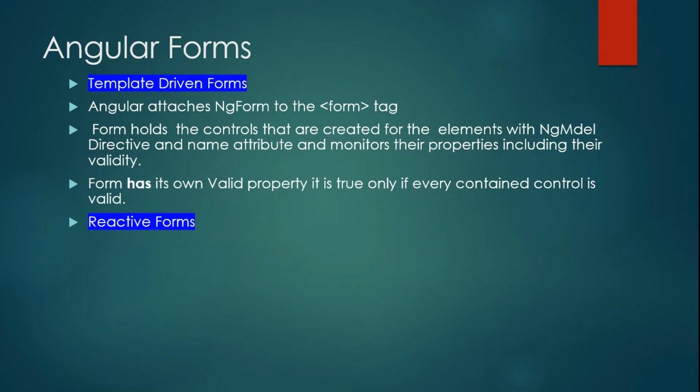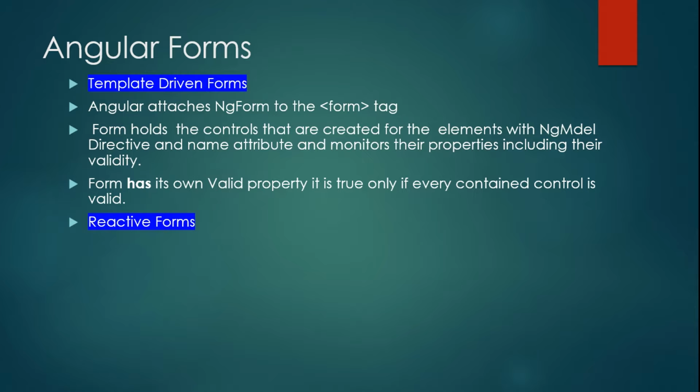Reactive forms are model-driven forms, and we group the child controls through the FormGroup model, and that FormGroup model instance is bound to the form by the formGroup directive. So reactive forms are model-driven forms, and Angular provides the ReactiveFormsModule.